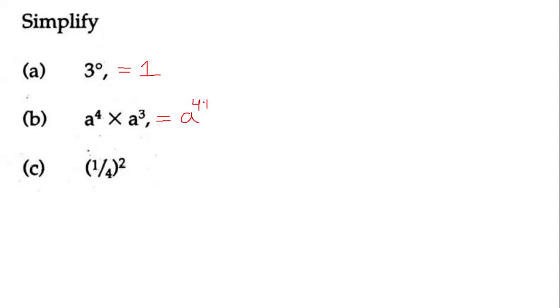A to the power of 4 plus what? 4 plus 1, which is going to be equal to A to the power of what? That's supposed to be 3, not 1. That's true. Thank you, Miss Cyrus.